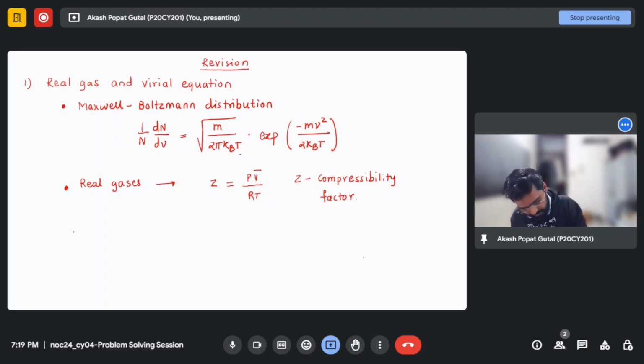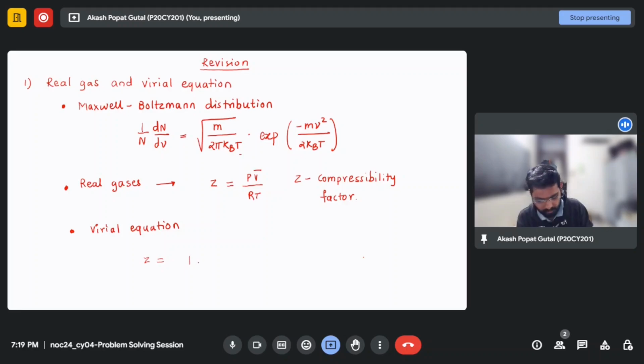Then the third thing is we have seen the virial equation. In the virial equation, we have seen the functional form of this compressibility factor in terms of series expansion.